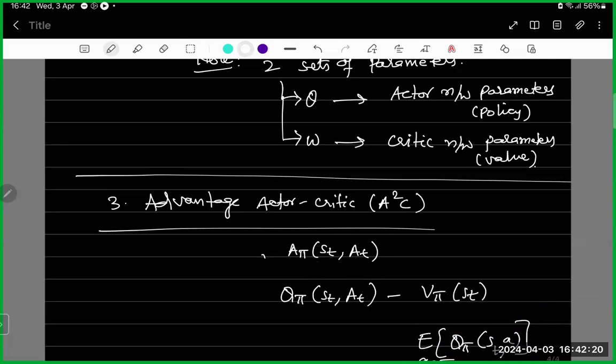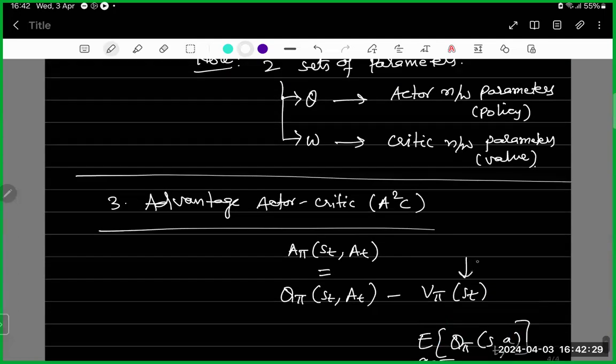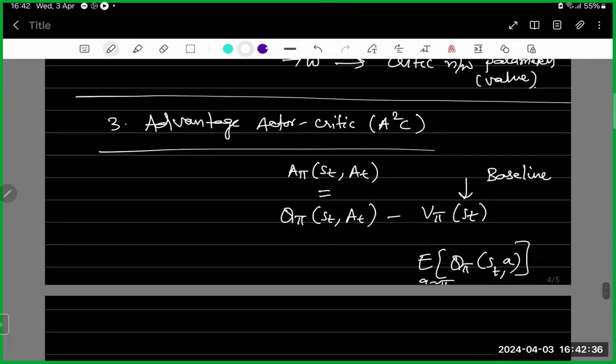So this is the definition of what the advantage function is. You can treat this as the baseline, which is equal to this.